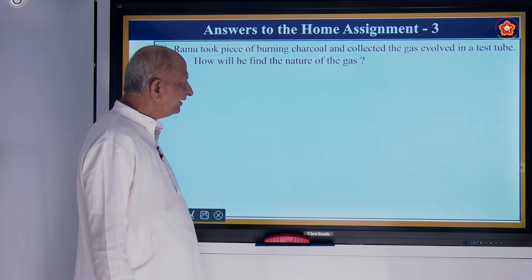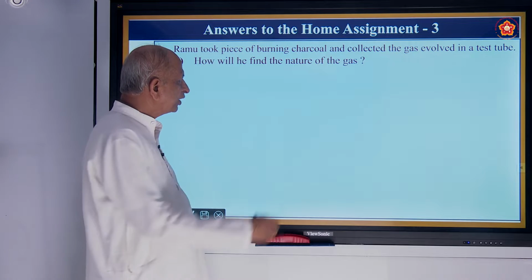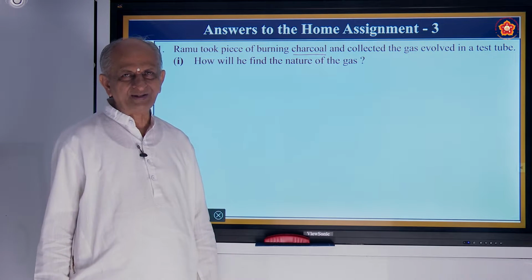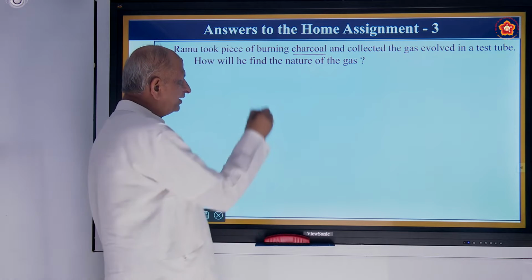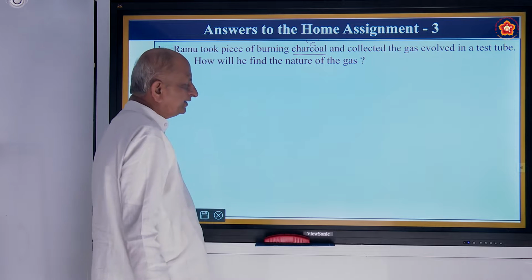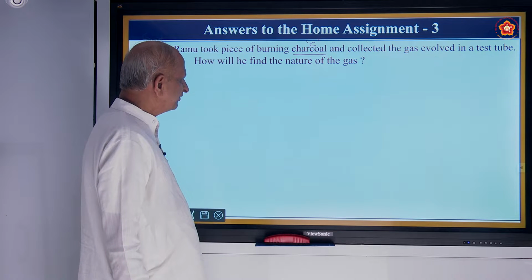Coming to home assignments. Ramu took a piece of burning charcoal. What is a metal? What is a non-metal called here? Charcoal means it is carbon. Collected the gas evolved in a test tube. How will you find the nature of the gas?